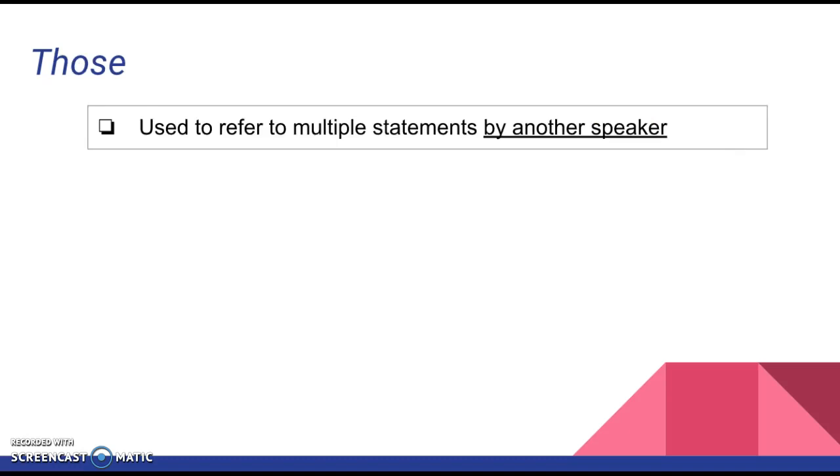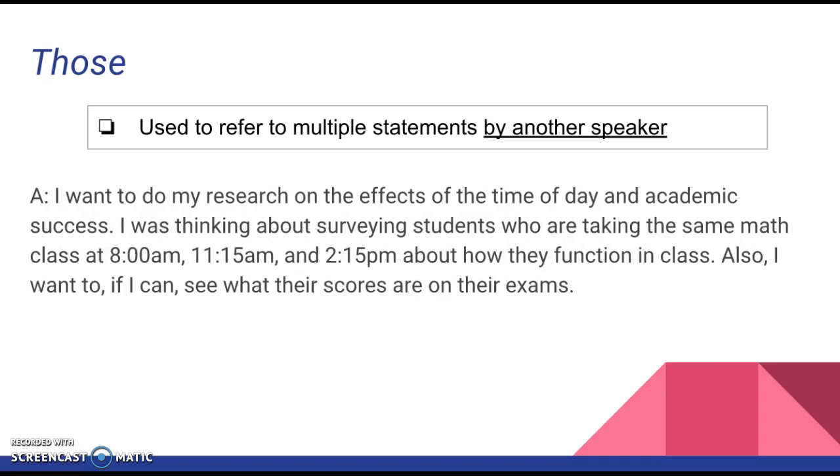For those, we use those to refer to multiple statements or ideas by another speaker. So if we look at this example from a conversation, A says, "I want to do my research on the effects of the time of day and academic success. I was thinking about surveying students who are taking the same math class at 8 a.m., 11:15 a.m., and 2:15 p.m. about how they function in class. Also, I want to see what their scores are on their exams."